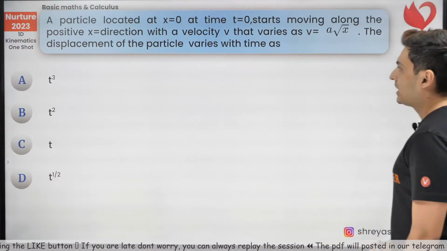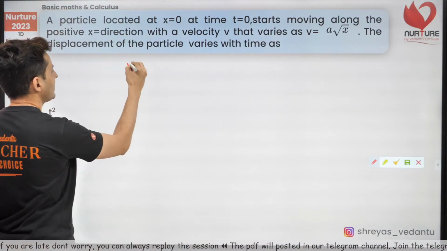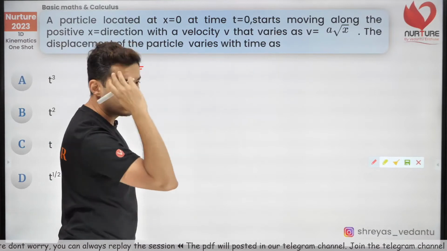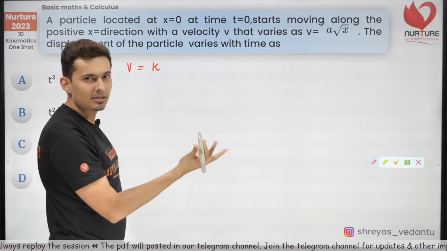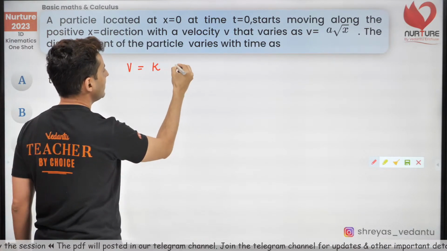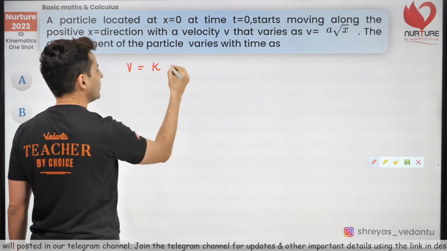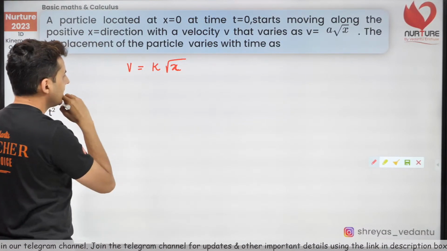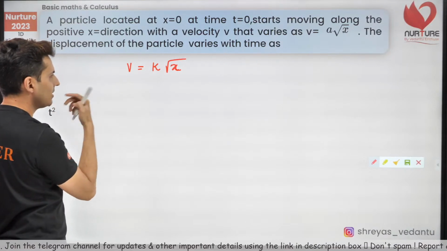Okay. All right, let's try and do this. So velocity is A root x, where A is some constant. I don't want to get confused, so I'm just going to write it as k. It doesn't matter, right? Some constant. Root x, so it is x raised to half. Now what to do? I have to find displacement as a function of time. There is no time.